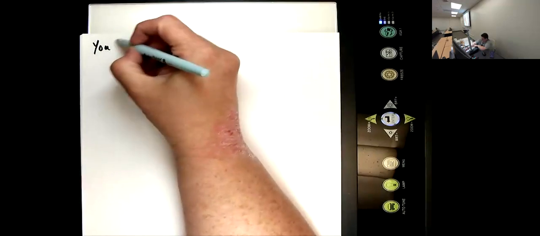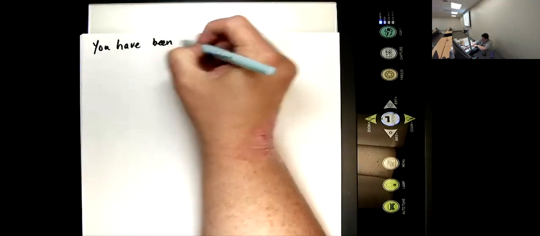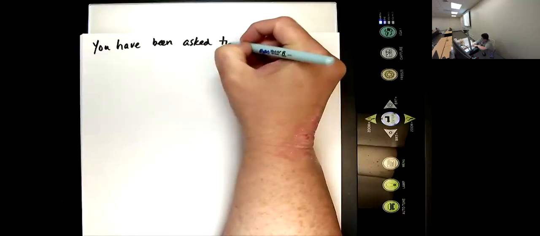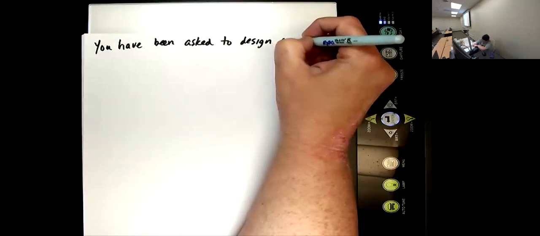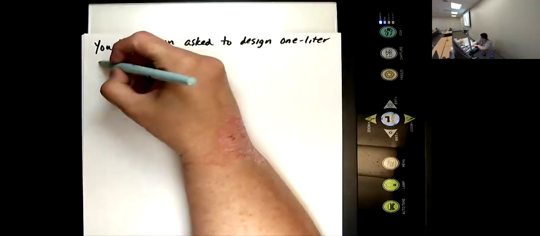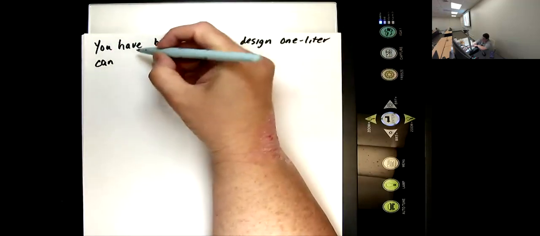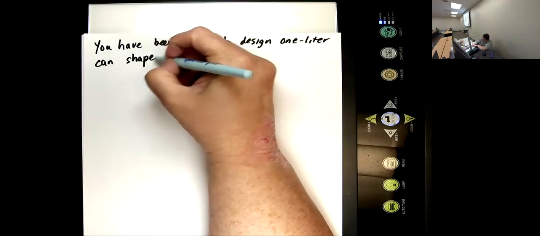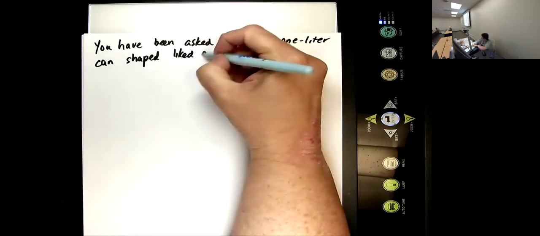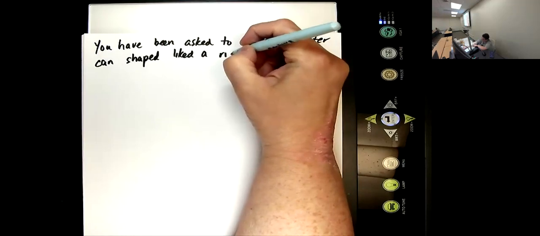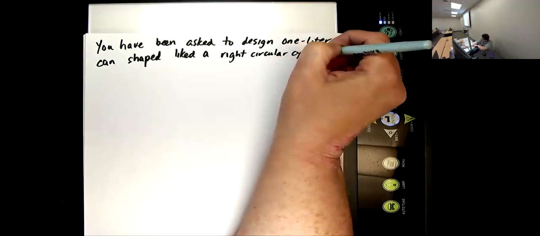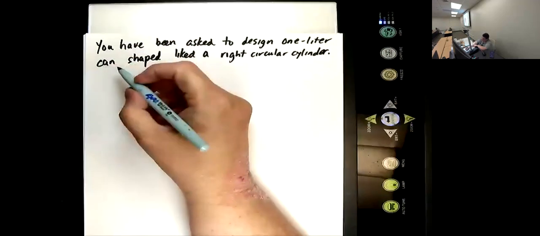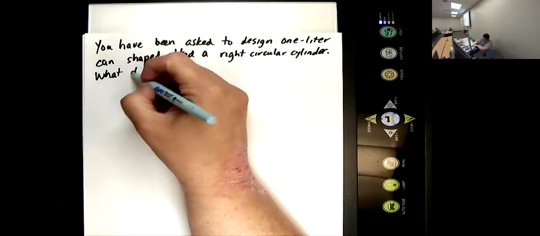You have been asked to design a one liter can shaped like a right circular cylinder. What dimensions use the least amount of material?